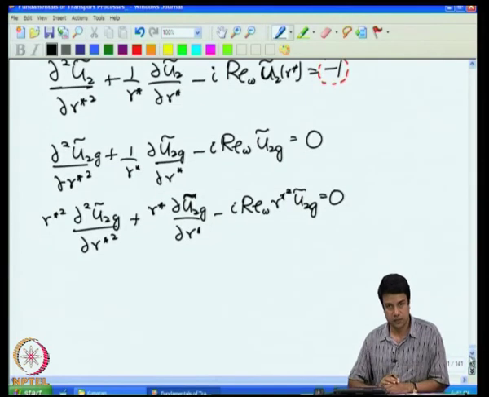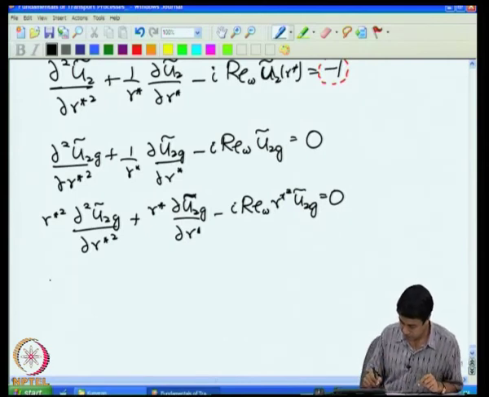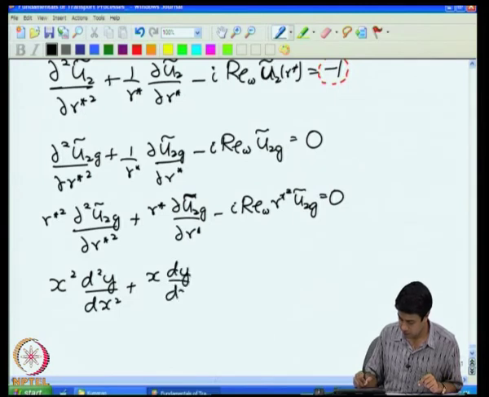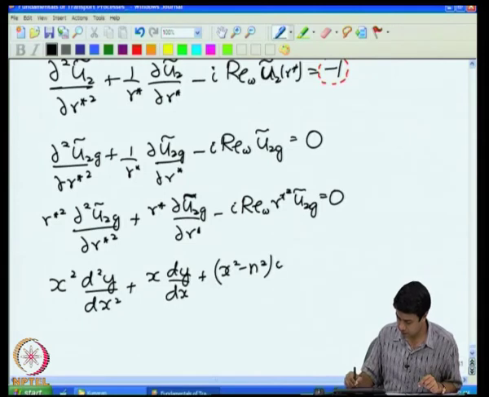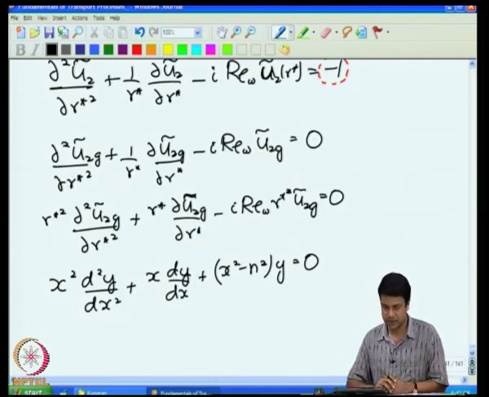We have seen this equation before. We have seen an equation of the form x square d square y by dx square plus x dy by dx plus x square minus n square y is equal to 0. This is the Bessel equation, and the solutions for these are the Bessel functions, j n and y n.